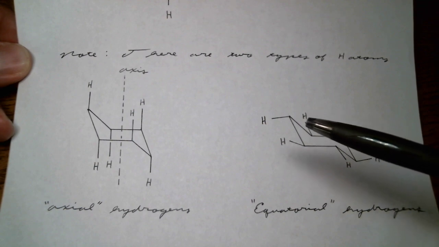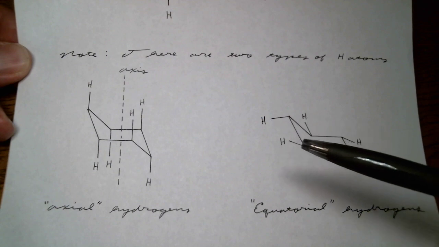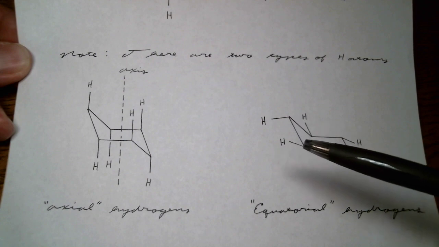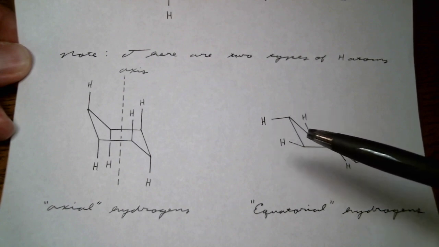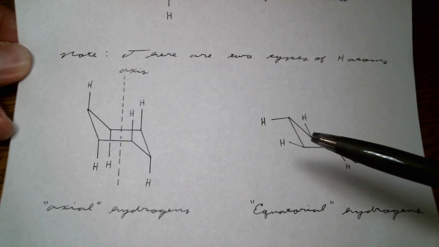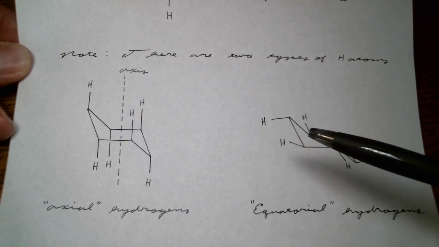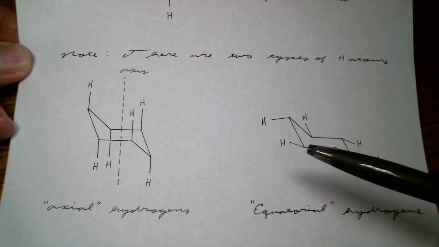This axial hydrogen here is parallel in terms of its bond to the adjacent carbon-carbon bond, not the carbon-carbon bond formed by the carbon to which it's bonded and the tip of the chair, but rather this carbon-carbon bond across the ring. You can see how those lines are parallel.